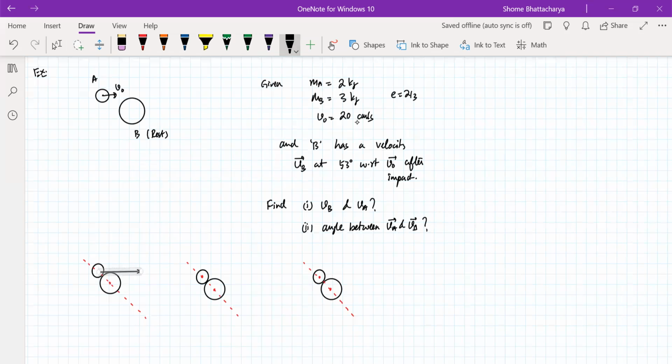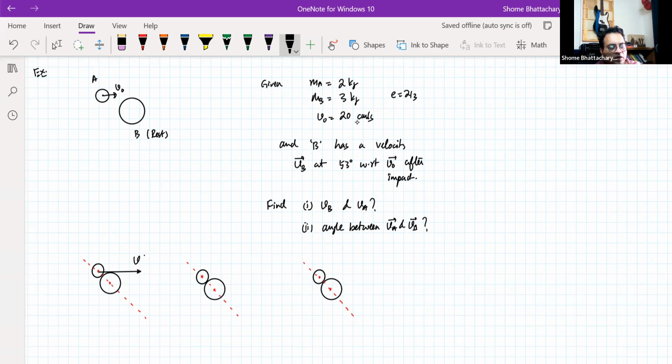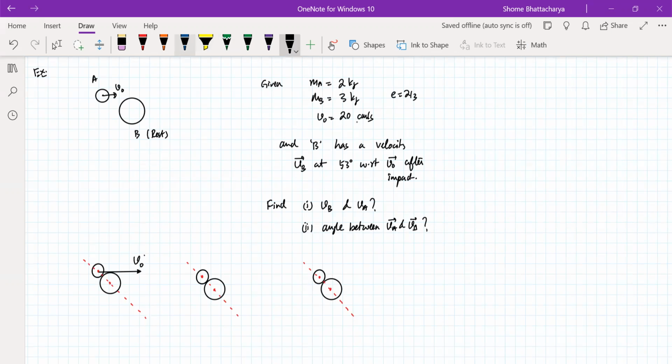Okay. And what about the values of VA and VB? You got them? They're finding them.